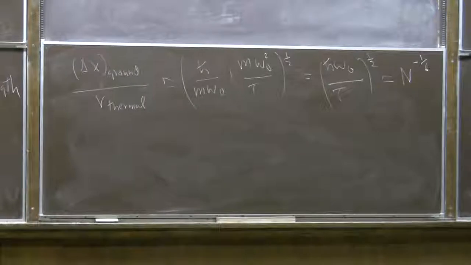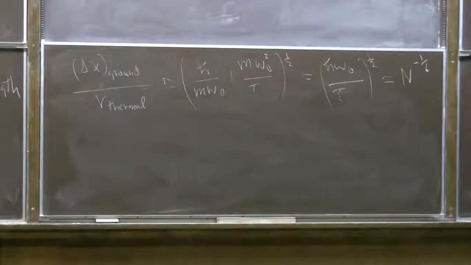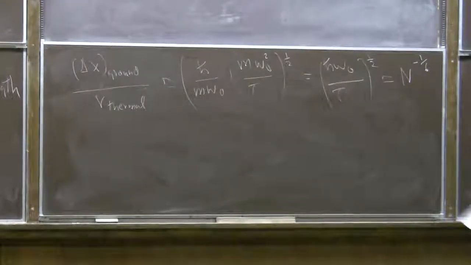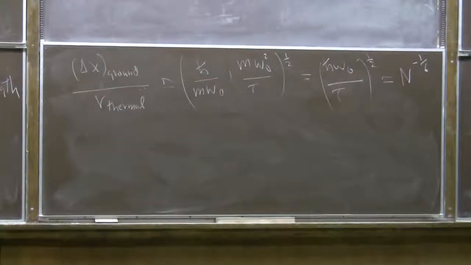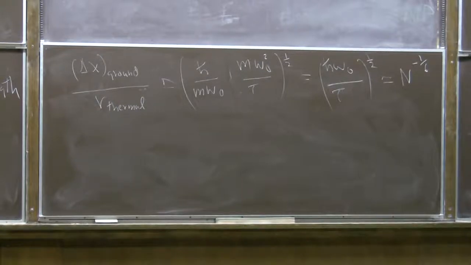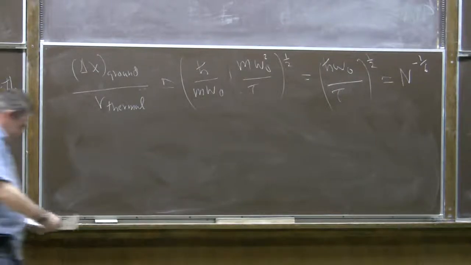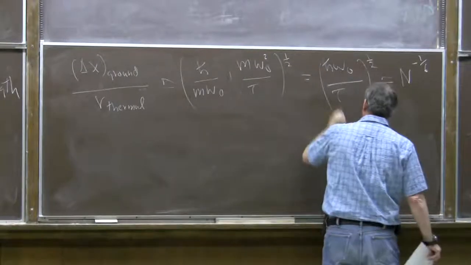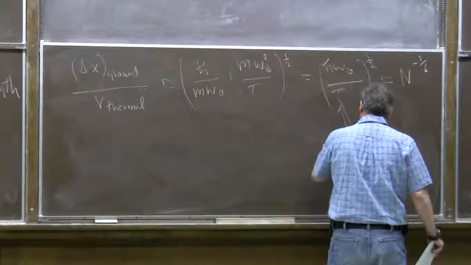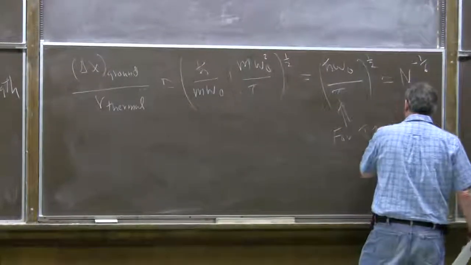So if n is really large, when the onset of condensation occurs, the ground state orbital is very small compared to the radius of the region filled by the gas. And we see many particles right in the center, sitting in that ground orbital. So this is when tau is comparable to tau Einstein.